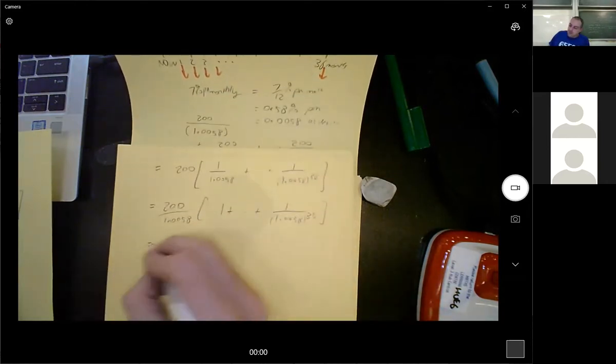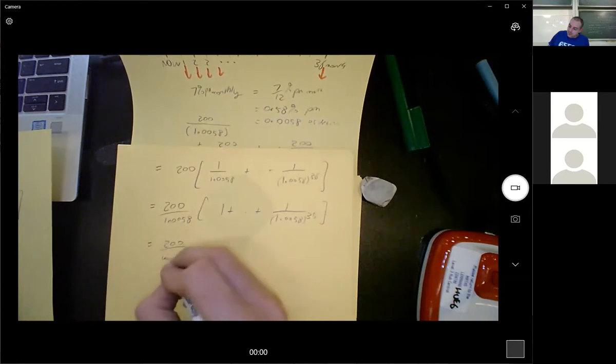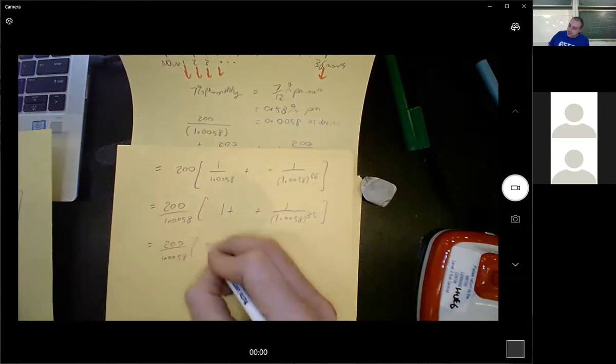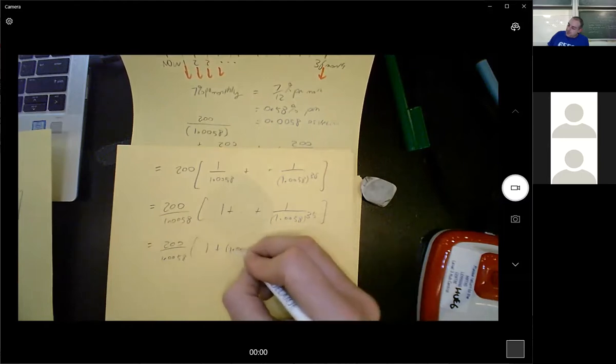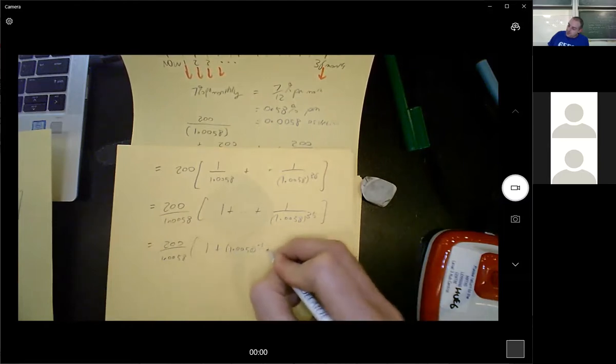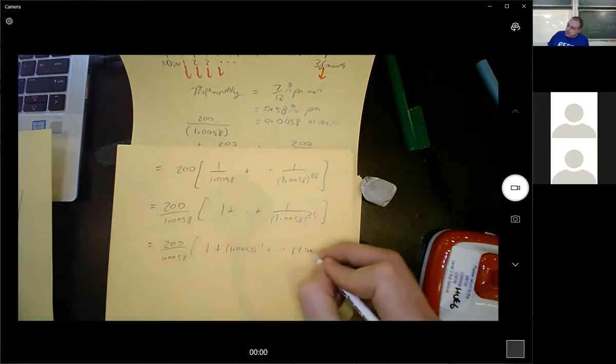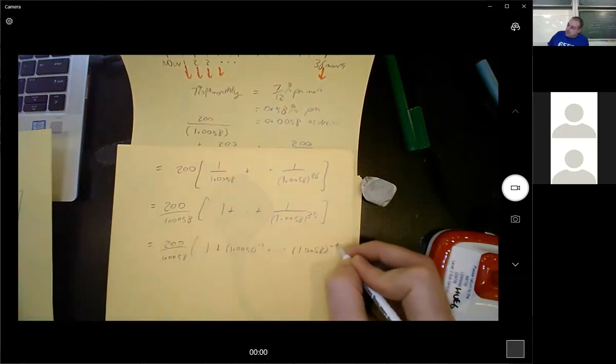And that's the same as 1, I've got to the -1, all the way up to 1.0058 to the -35.